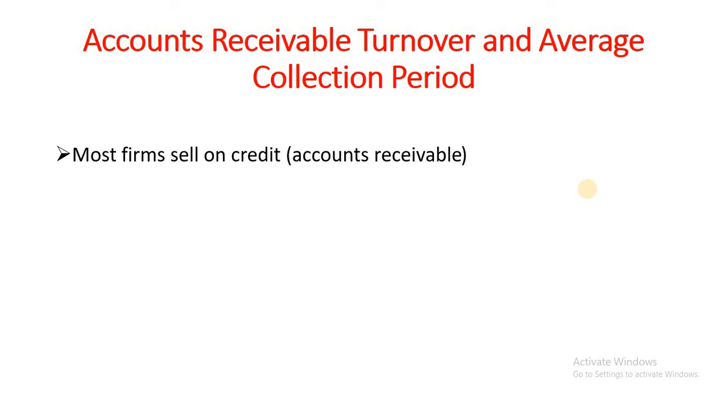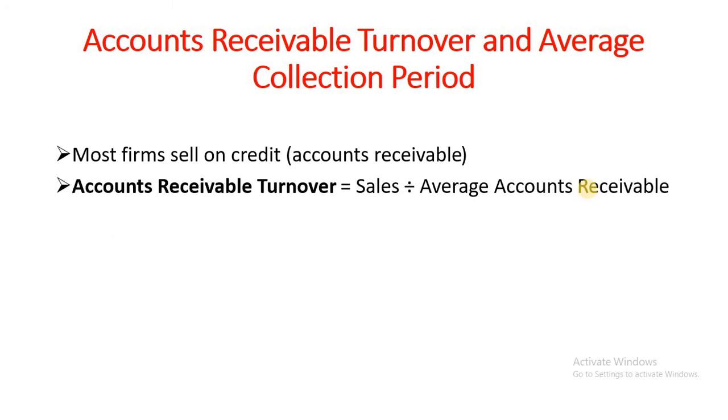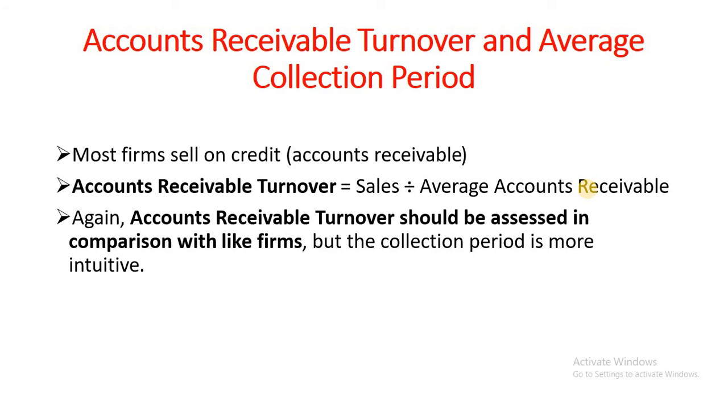Firms also sell on credit, and this is why we usually analyze account receivable turnover and average collection period. Account receivable turnover is equal to sales divided by average accounts receivable. However, it is more meaningful if we convert this ratio into days.